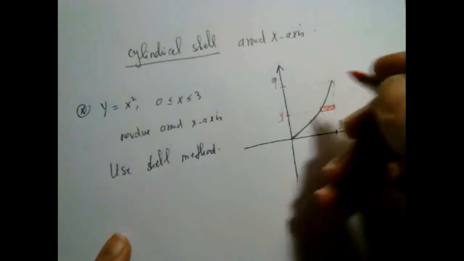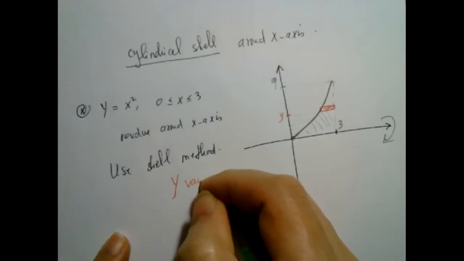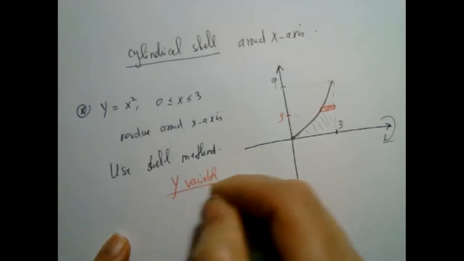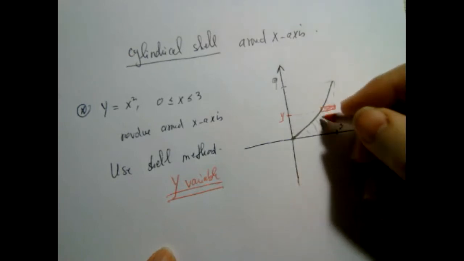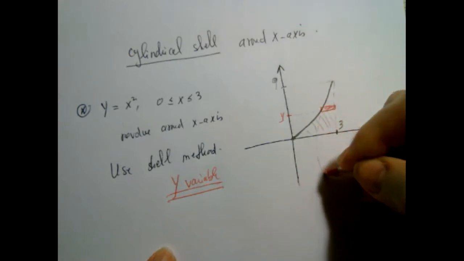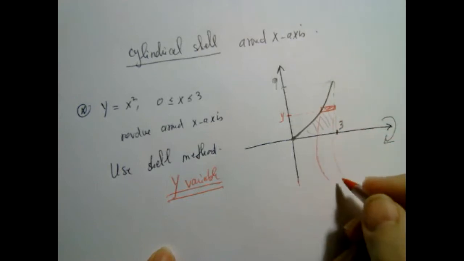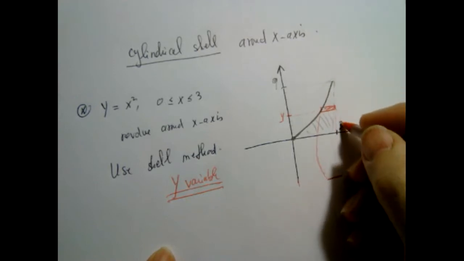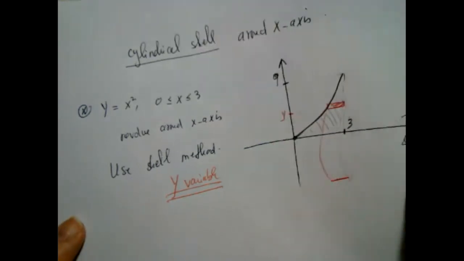So we have to be very careful. Y is the variable. Okay, and I rotate each one. So this is my y. I'm going to rotate this, and that's what I'm going to get, my shell. I didn't rotate it very well. All right, so this is my shell.